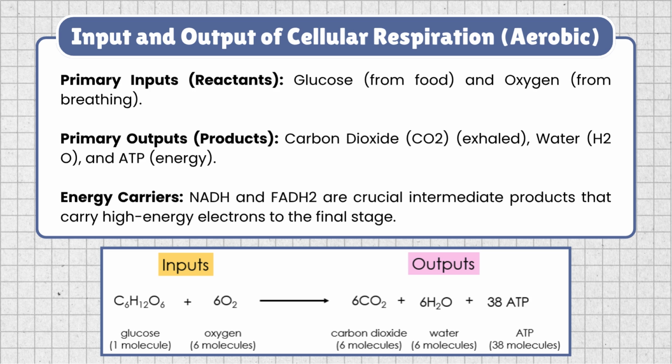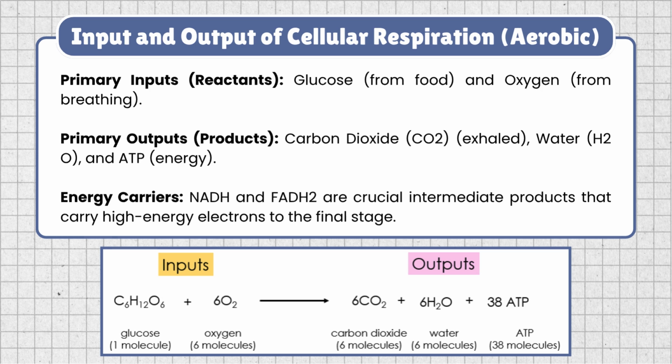Next, the input and output of cellular respiration in aerobic organisms. First, we have the primary inputs, or the reactants. We have glucose from the food that we take, as well as oxygen from the air that we breathe. From glucose and oxygen, this produces our primary outputs, or products, which are carbon dioxide, the air that we exhale, as well as water and ATP.